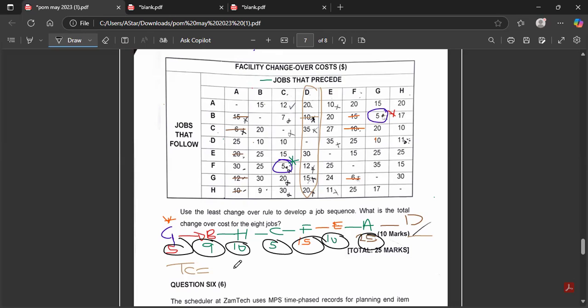What's the total cost? That's 5... $79. So this one is 79.